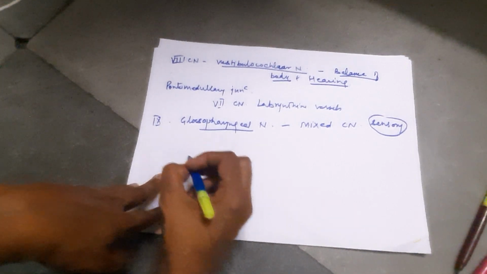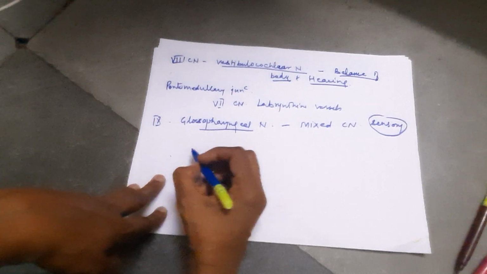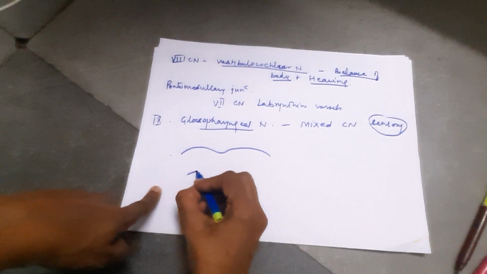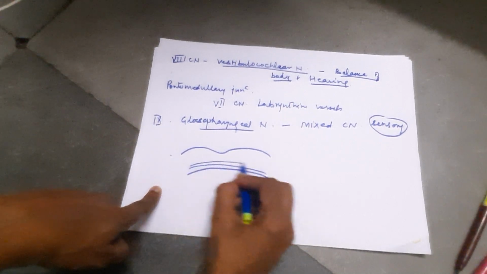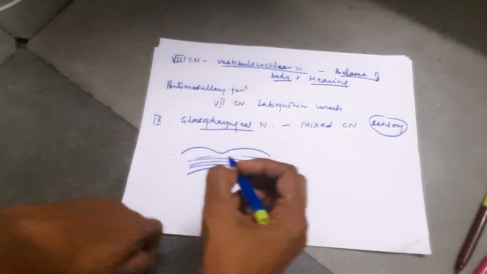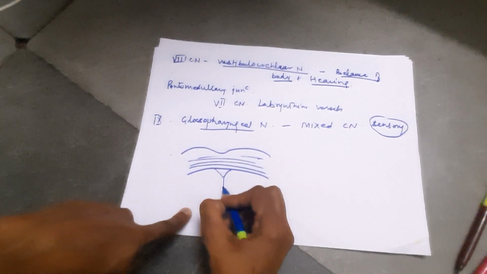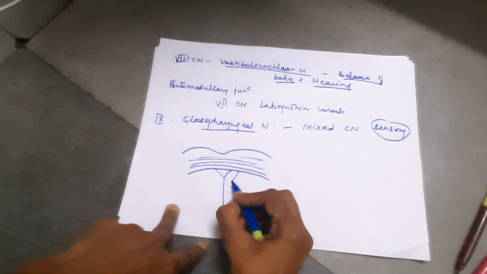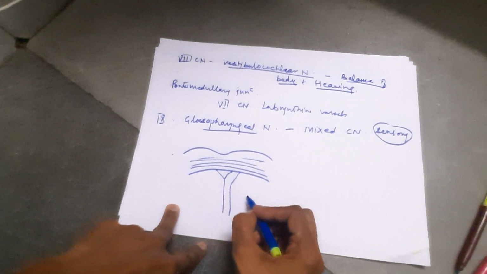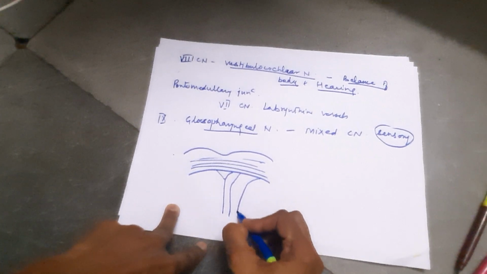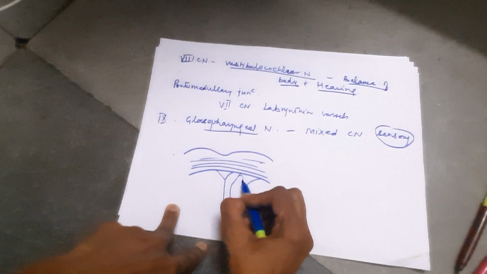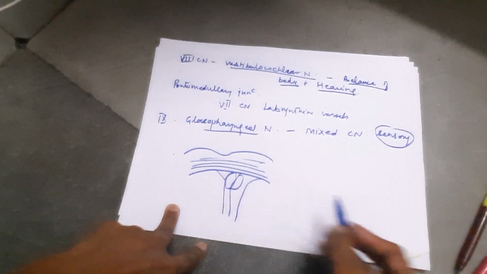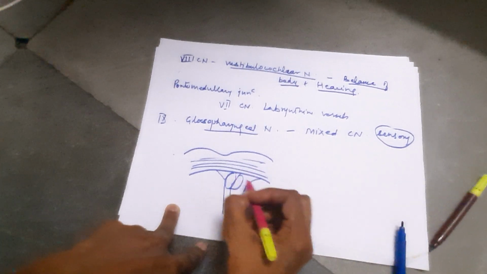It arises from the medulla. This is the pons, okay, and this is the medulla, which I am drawing. Here is the olive and this is the pyramid.